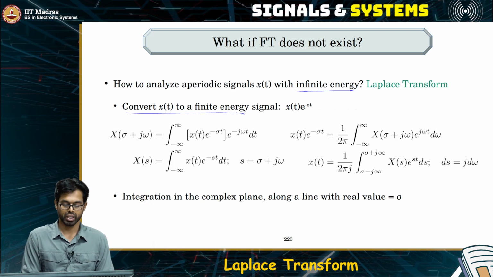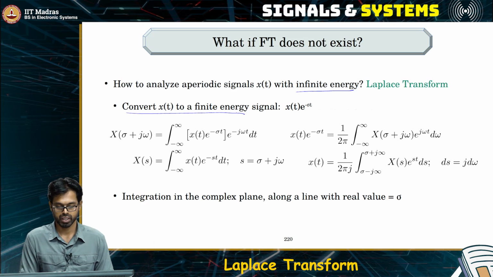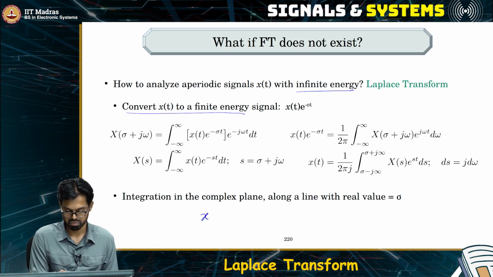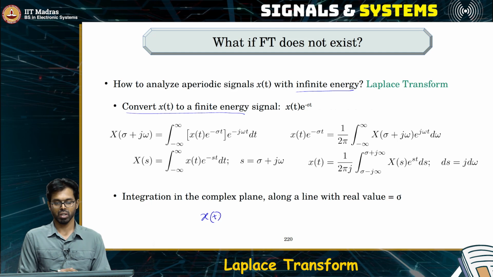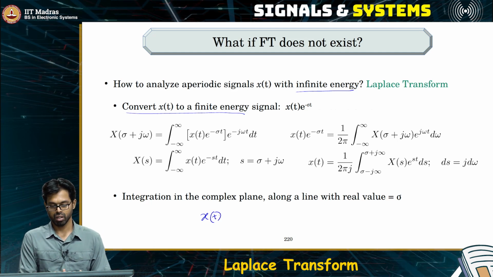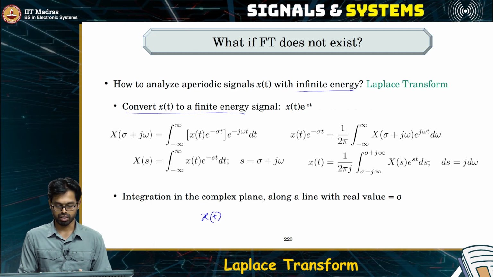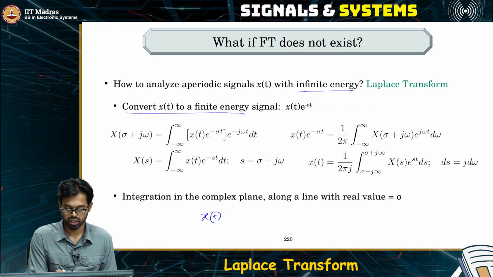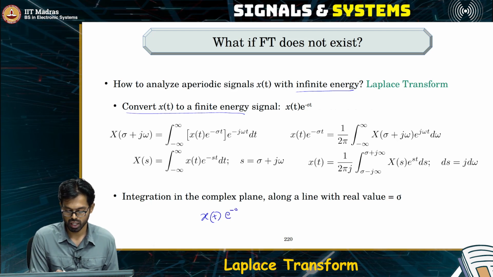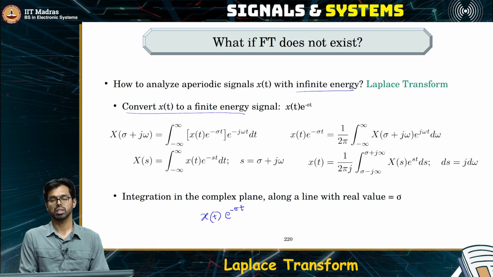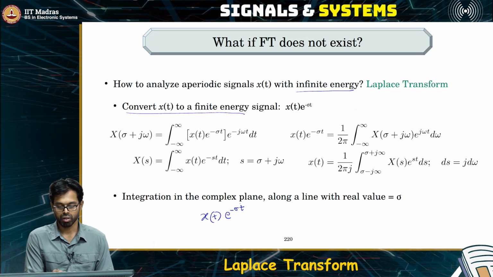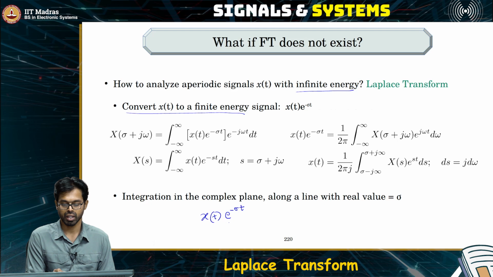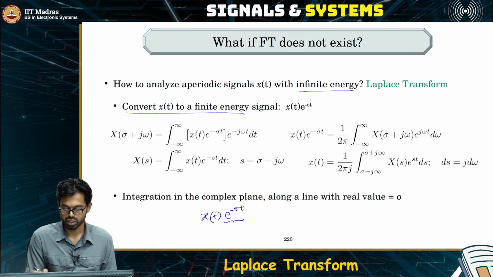Is there a way of doing that? So what Laplace transform says is, take any signal x of t. If it is an aperiodic signal and it has infinite energy, multiply that with an exponentially decaying signal, that is e power minus sigma t. So what are we doing? We are just simply multiplying that with an exponentially decaying signal.